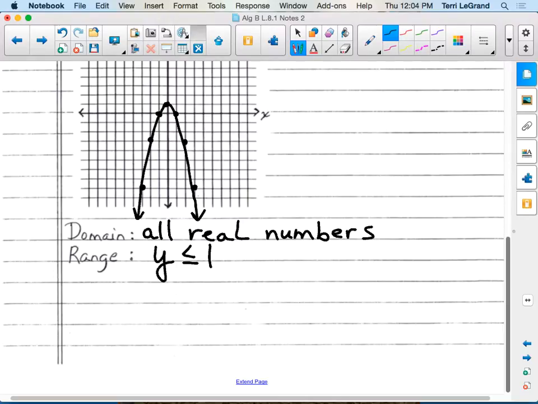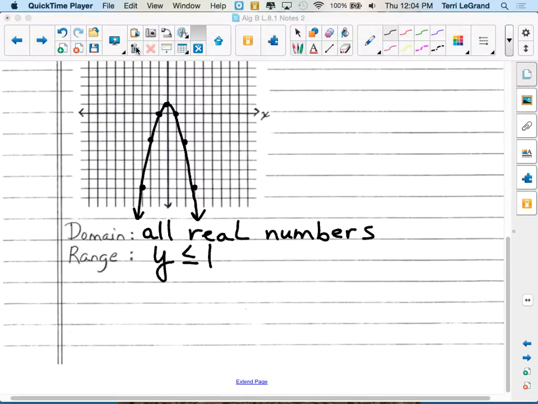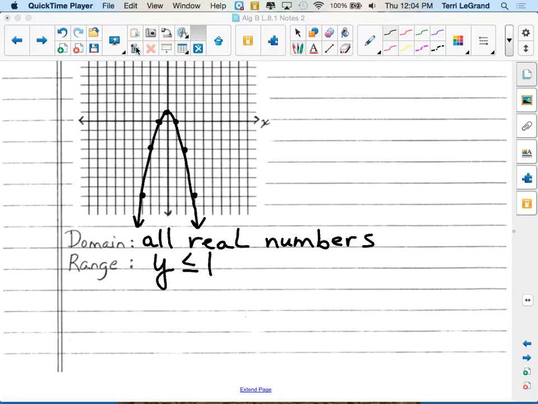Hearing none, I'm assuming then you're ready to start on homework. Go ahead and write down what the homework is, and then I'll get you the graph handout that you will use to graph them.